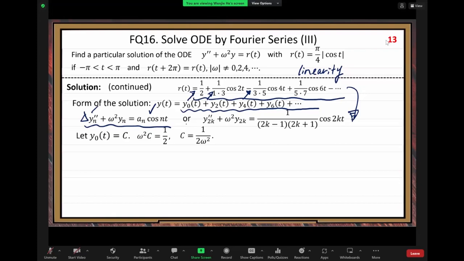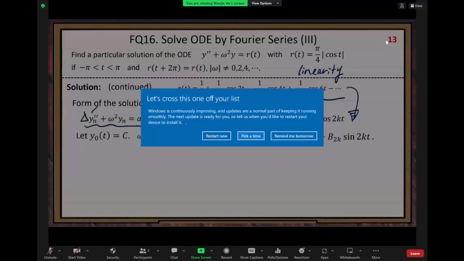After that, for all the remaining components, we just work on a general form. Let's assume y2k equals a2k times cosine 2kt plus b2k times sine 2kt.